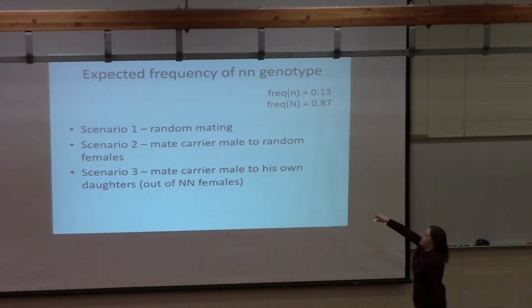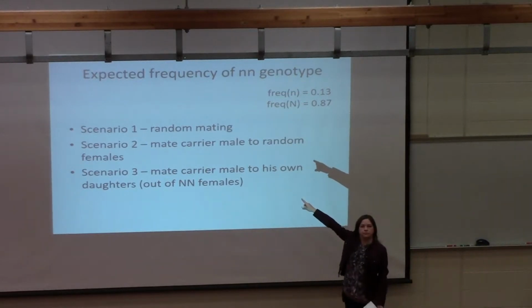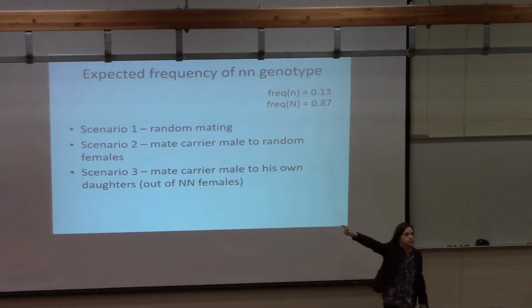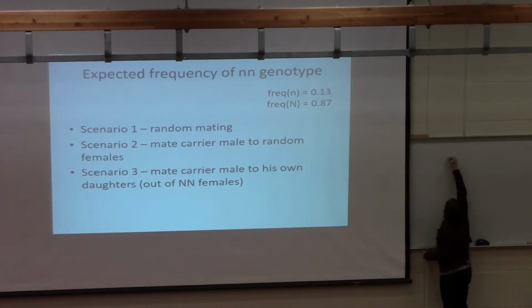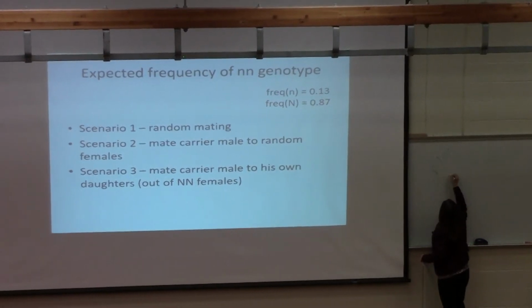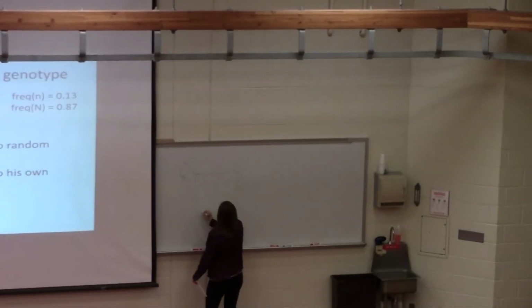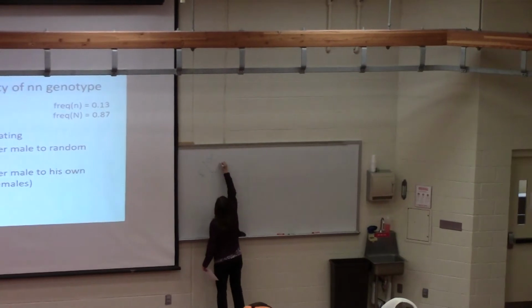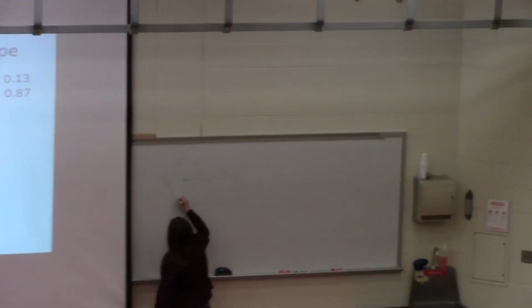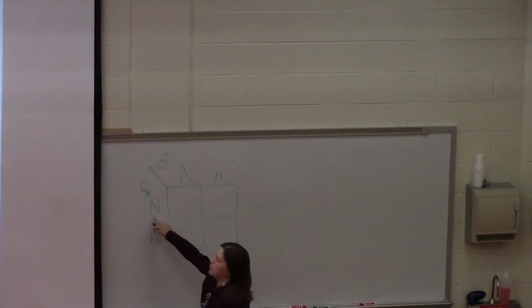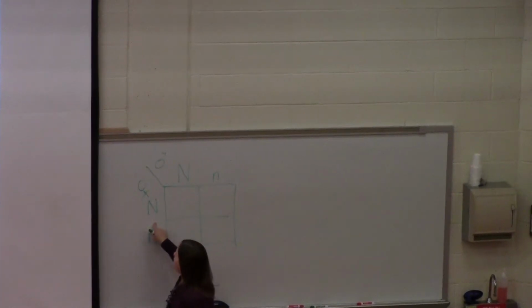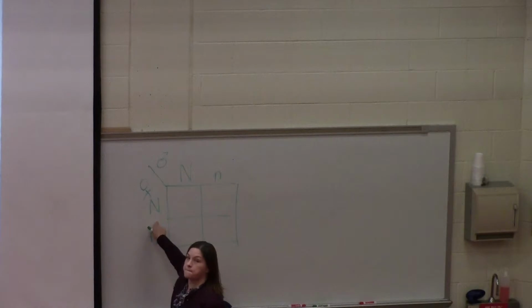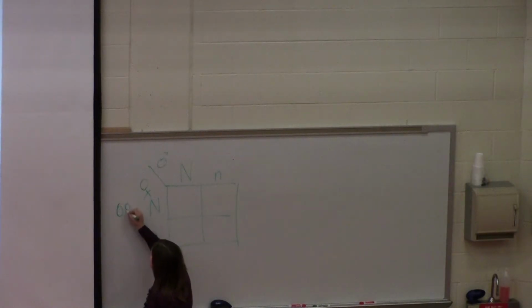But let's say I have a male that I really, really, really like, and I'm going to mate him to random females, okay? So I'm going to stand my male dog as stud maybe, and then I'm going to mate him to random females. We have 2 alleles. Our females, what's the frequency of big N? 0.87, right?